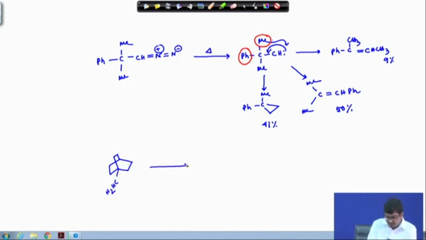Under photolysis, this can give the corresponding carbene. Once this carbene is generated, again I am considering the major product. Then this bond can migrate over here, or we can draw it in this way.